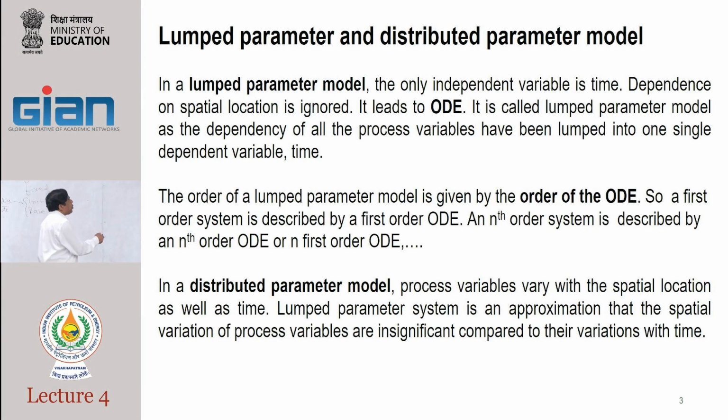Now, if you go by the lumped parameter system, the order is given by the order of the ODE, right? So if I am saying that it has an nth order system, this will be described by an nth order ODE or by n first order ODEs.